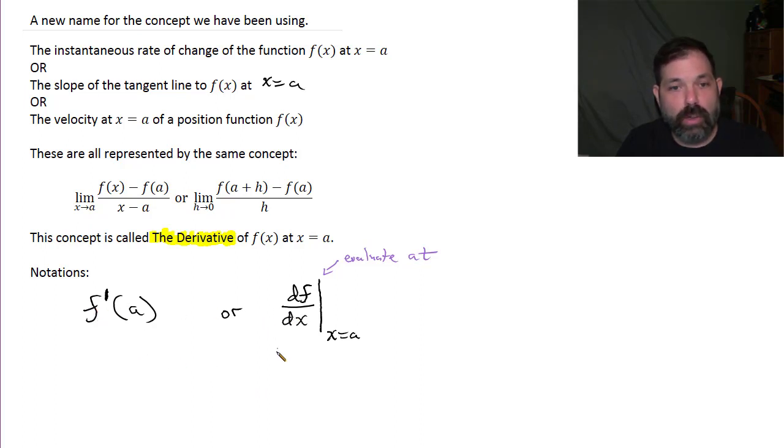So these are the two common notations: f prime of a, or df dx evaluated at x equals a. As we continue our study of derivatives, we'll talk a little bit more about notation, but these are the common ones that we'll use right now.